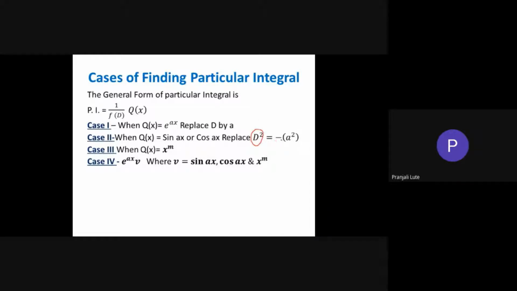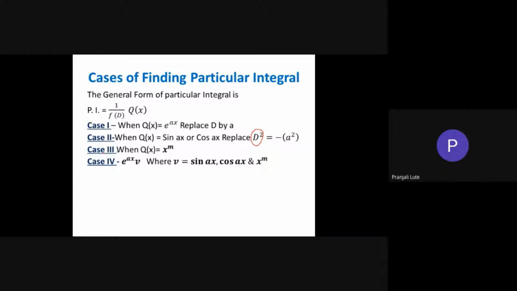We have to write this minus sign outside the bracket, and here a square. Suppose the right hand side is sin 2x, so you have to replace D square by minus of a square, where a is 2, so this is minus of 2 square. 2 square is 4 and this minus is outside, so you have to write here minus 4.